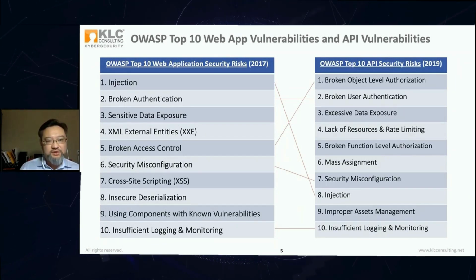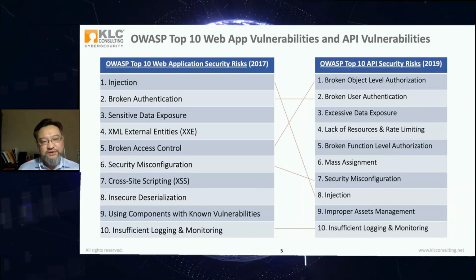Number 3, excessive data exposure. Number 4, lack of resources and rate limiting. Number 5, broken function level authorization. Number 6, mass assignment. Number 7, security misconfiguration. Number 8, injection. Number 9, improper asset management. Number 10, insufficient logging and monitoring.